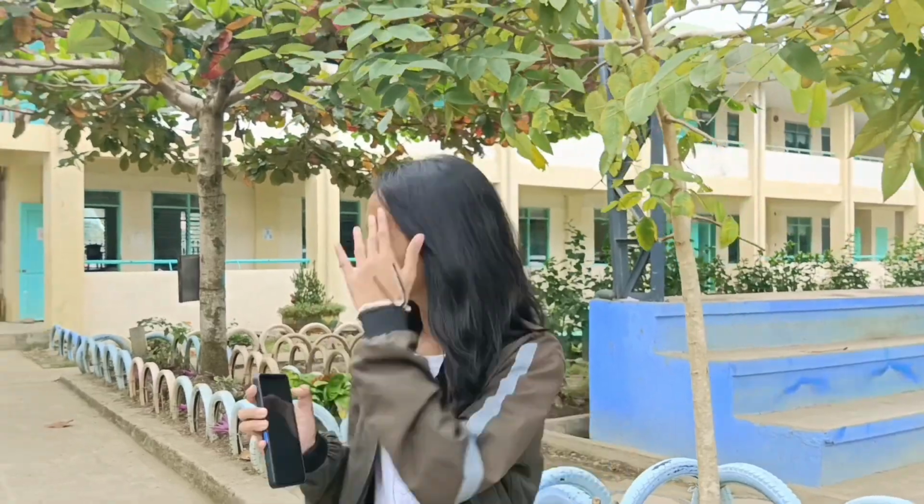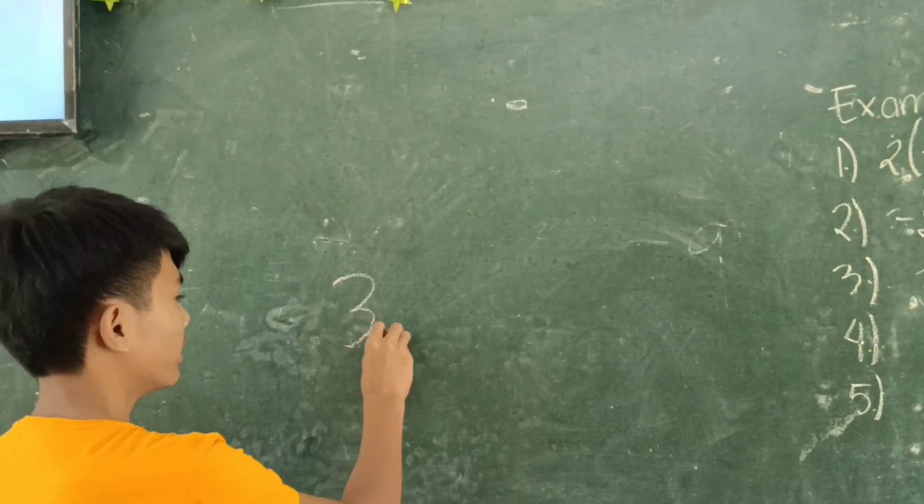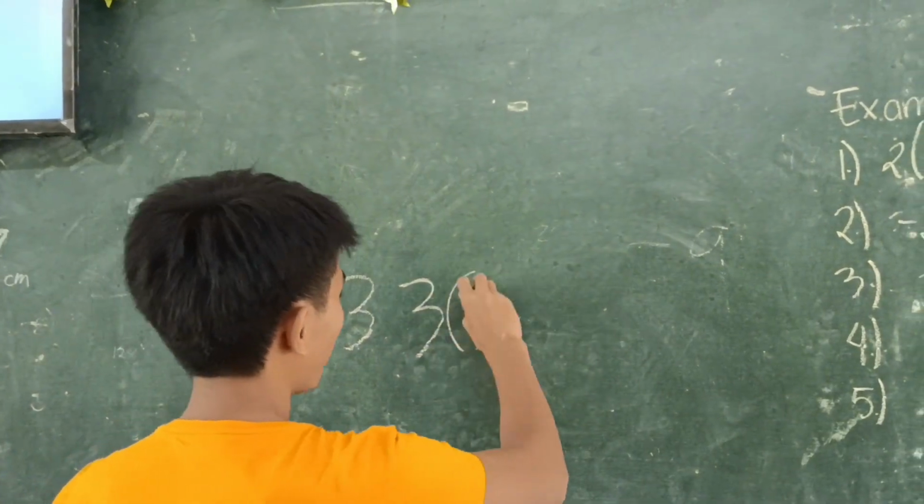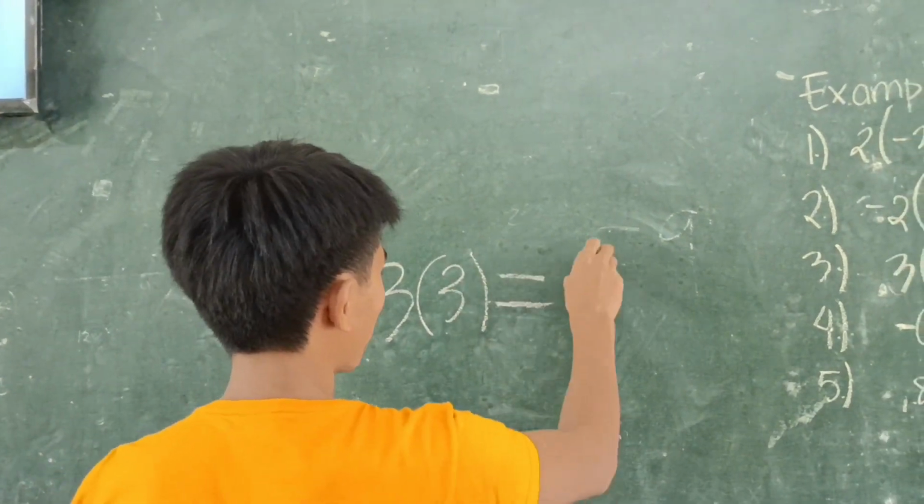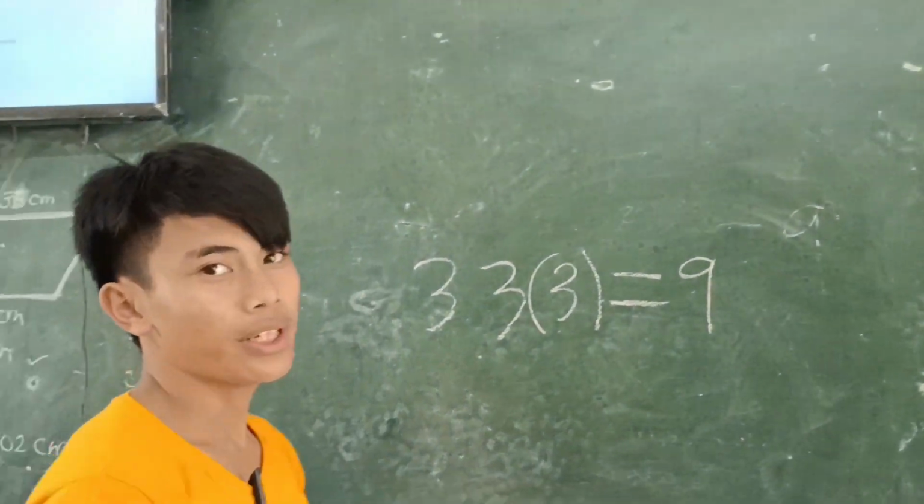Example number 3, positive 3 multiplied by positive 3 is positive 9.